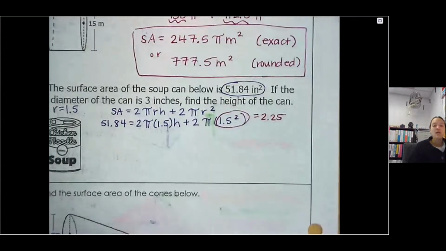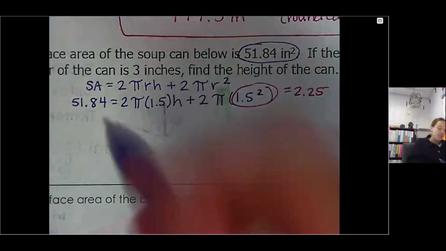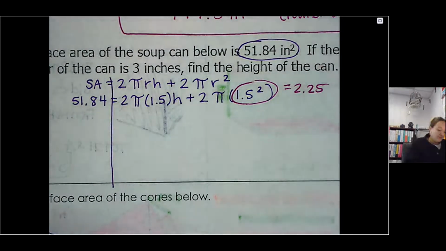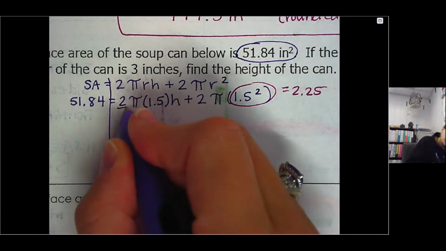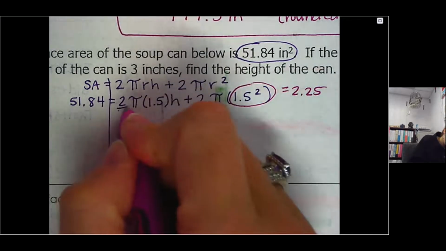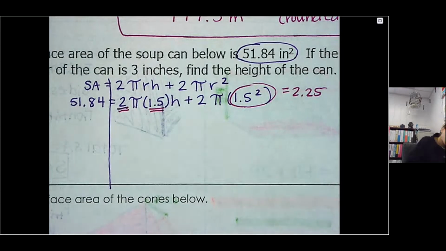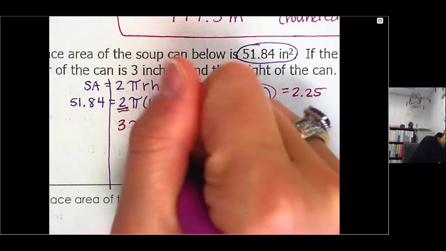And then just like before, I'm going to keep everything in terms of pi because it's going to make my life easier. So here, I'll multiply 2 and 1.5, which gives me 3 pi h.